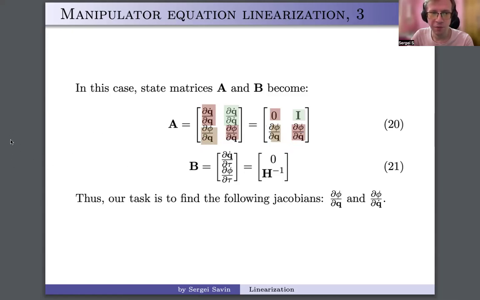Now, for the B matrix, on top it is dq dot d tau, which happens to be 0. And d phi d tau, in this case, is actually H inverse. Why is it H inverse? Let's look.